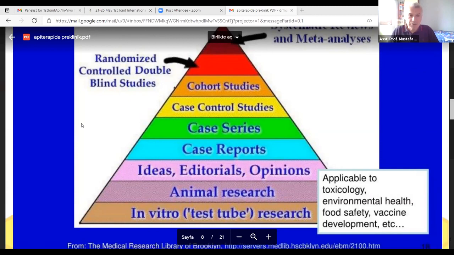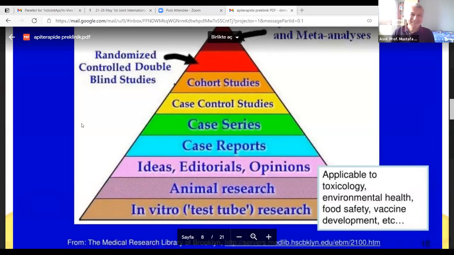We go to animal research and then ideas, editorials, opinions, and then case reports, case series. As you can see, the quality of the evidence goes up as we move up the ladder. Now, this is what I mean by the traditional complementary medical paradox. We don't follow this ladder.